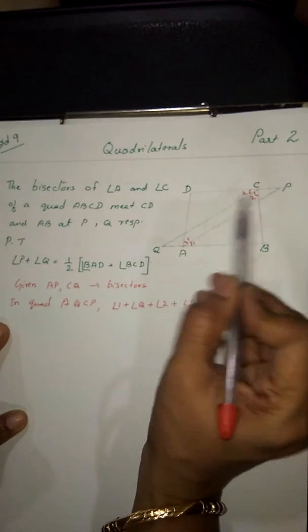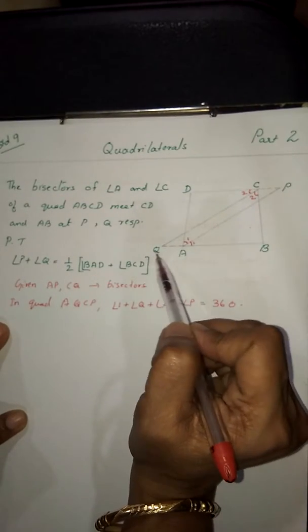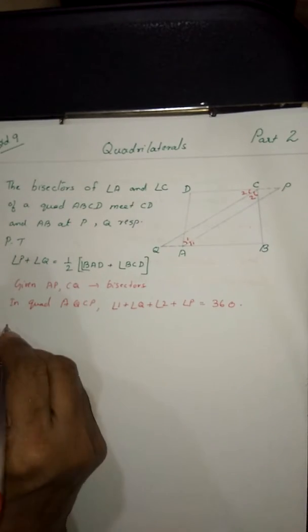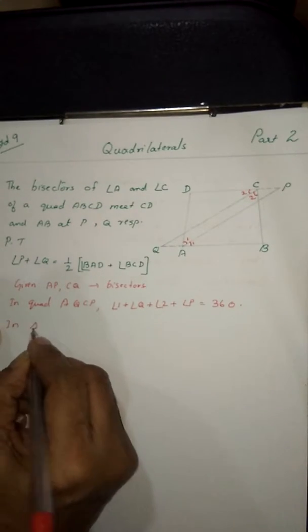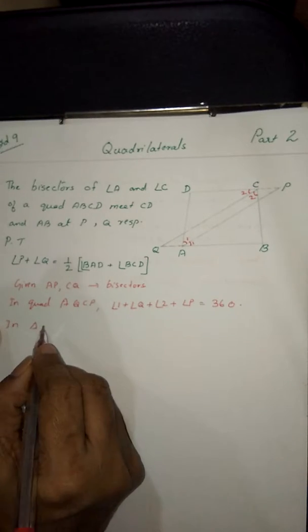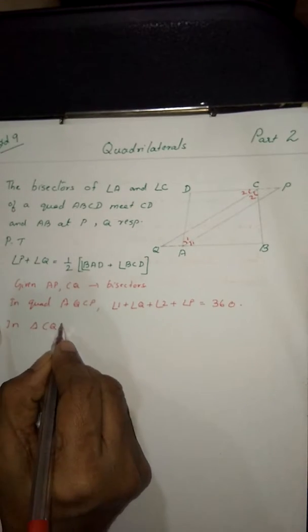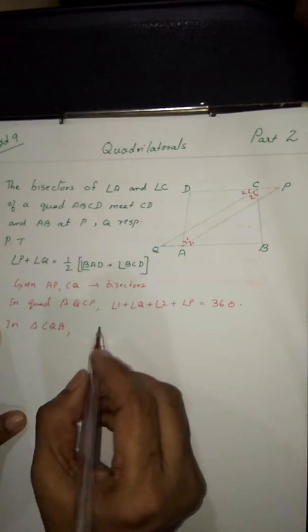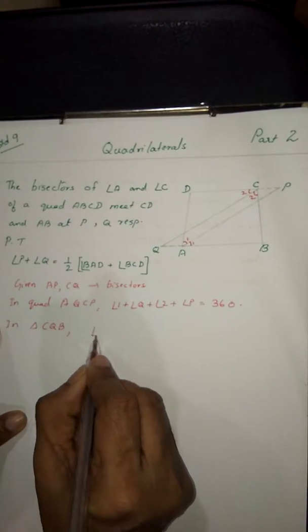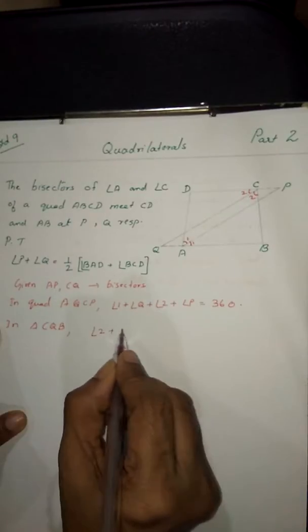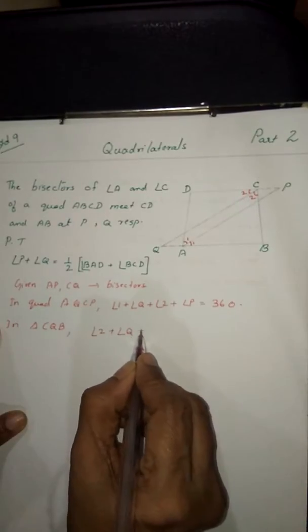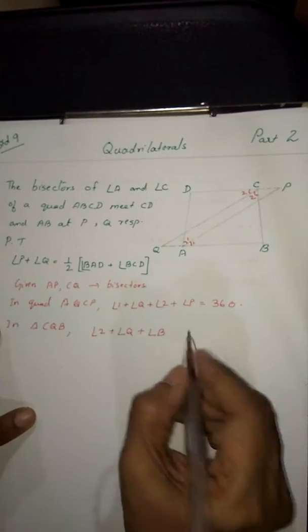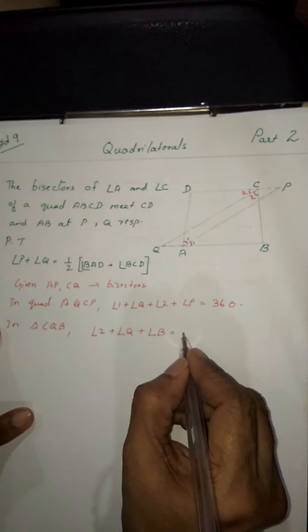Now consider triangle CQB. In triangle CQB, we can say angle 2 plus angle Q plus angle B is equal to 180.